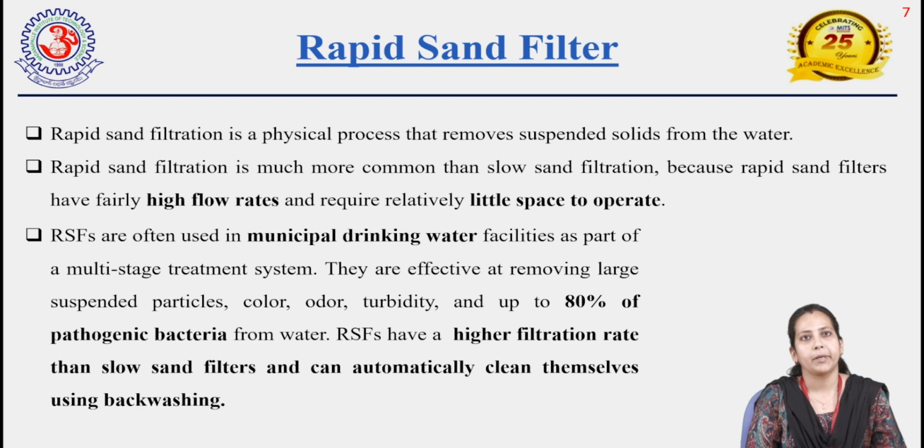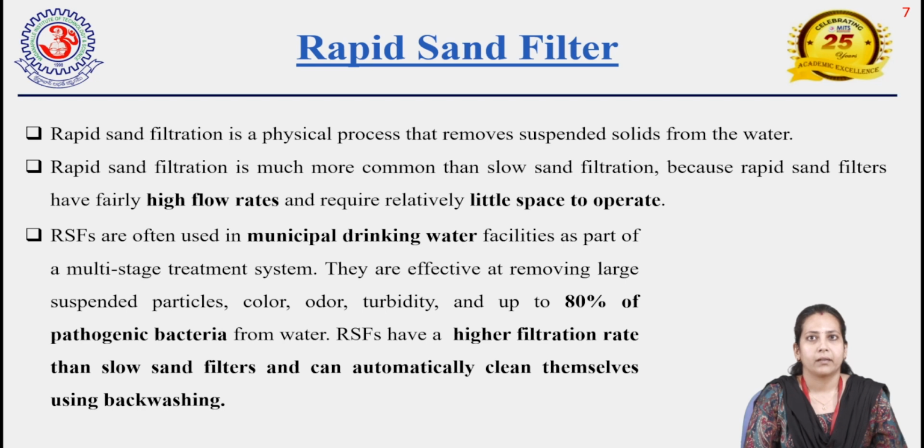These rapid sand filters are often used in municipal drinking water facilities as part of a multi-stage treatment system. Not only does this rapid sand filter give advantages like high flow rate and little space to operate, it also removes large suspended particles, color, odor, turbidity, and up to 80% of the pathogenic bacteria from untreated water.